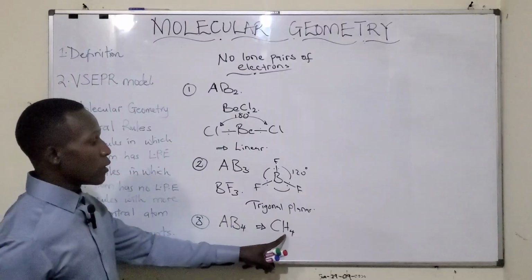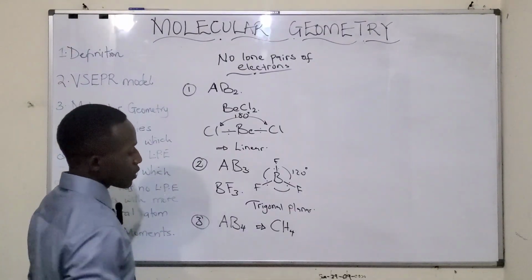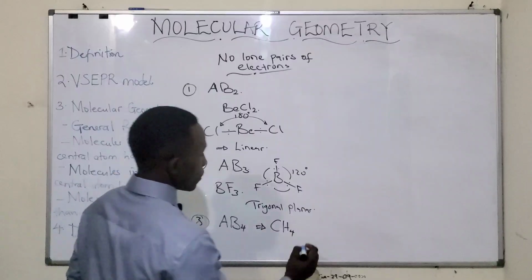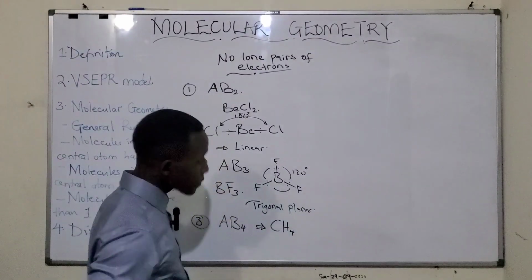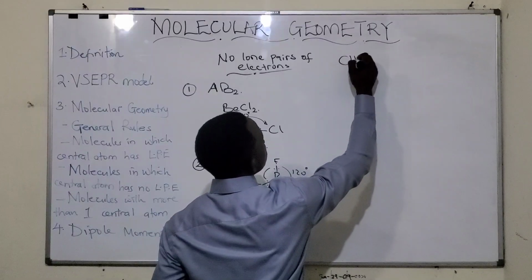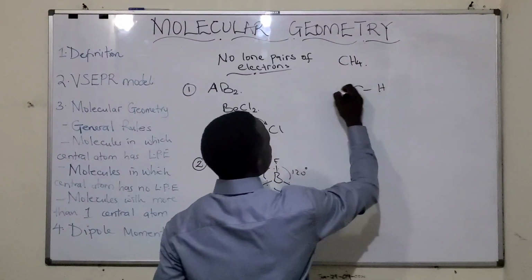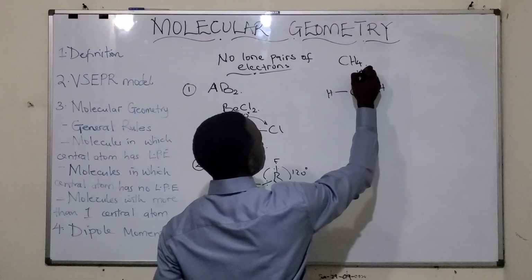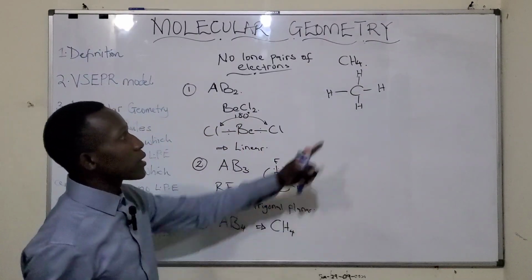Carbon is attached to four hydrogen atoms. Someone would expect this structure here.